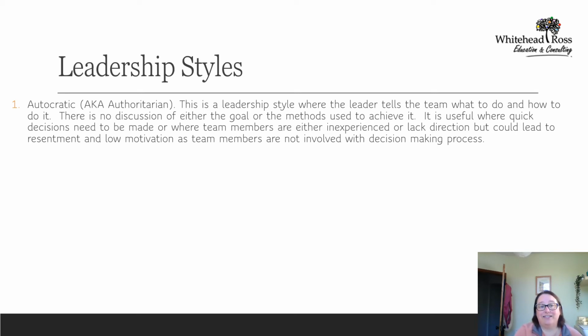There's very little discussion of the goal or the methods. In fact, there'll be virtually no discussion. You would probably find a new leader, someone who's inexperienced in how to lead a team, or a Theory X manager is much more likely to adopt an autocratic style of leadership. It sounds quite strict, and it is, but it does have its advantages.